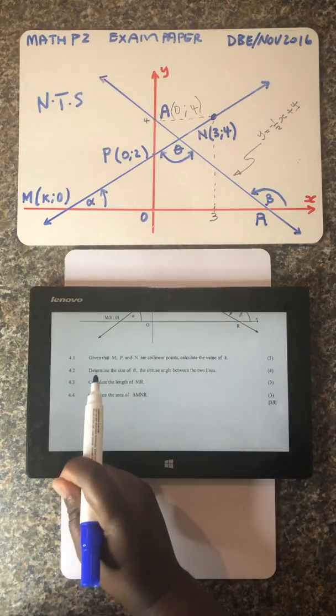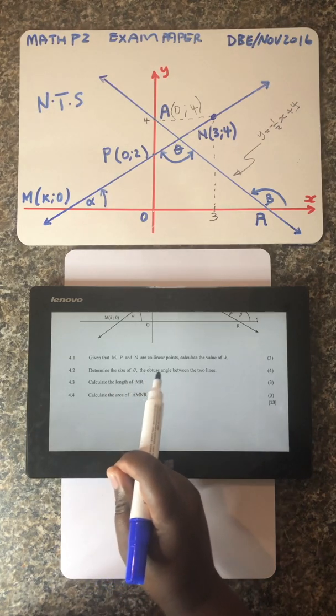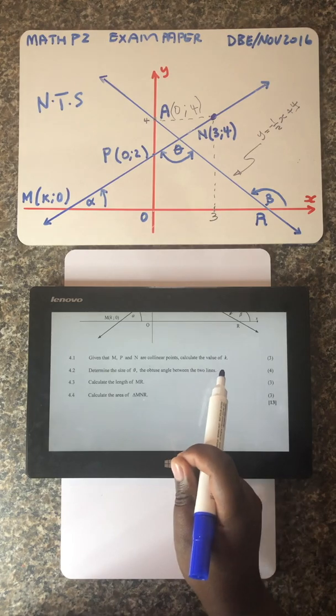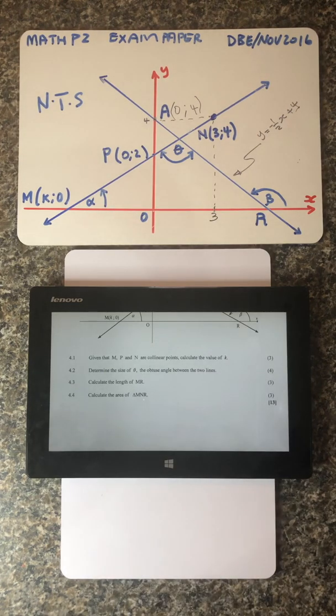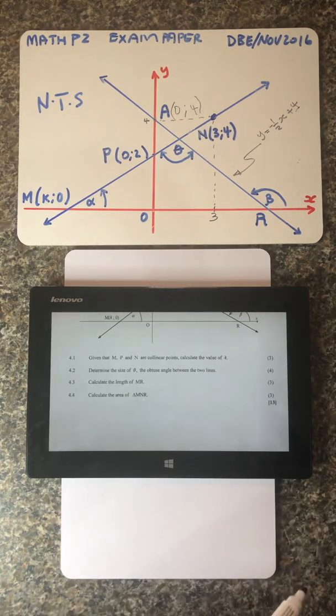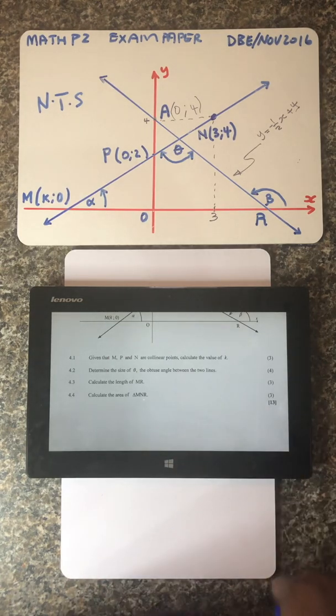The question says, given that M, P, and N are collinear points, calculate the value of K. So guys, please be aware that when you talk of points which are collinear, it means they are actually falling along the same line. Okay, so if you connect those points, they form a straight line.